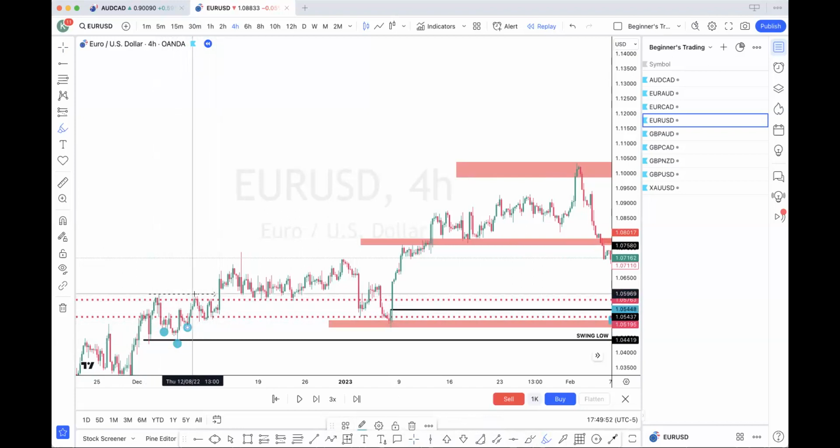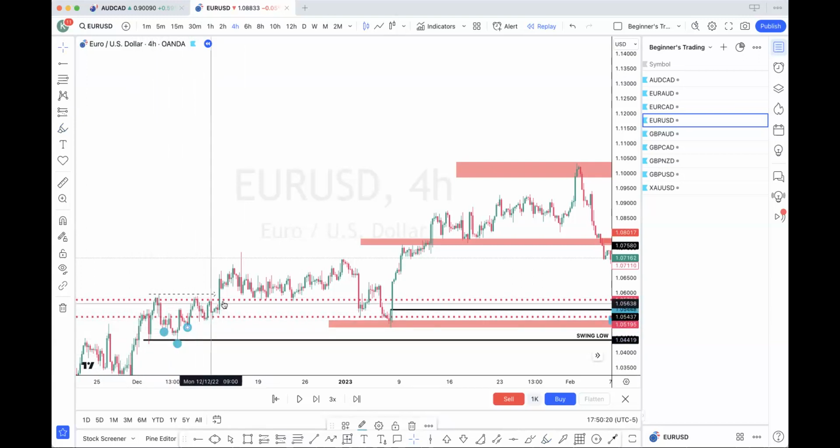And everything below, again, everything below this break of structure line till you get to the swing is the swing low. So there we go. Does that make sense to everybody? Yes, that makes a lot of sense. Thank you. You're welcome.